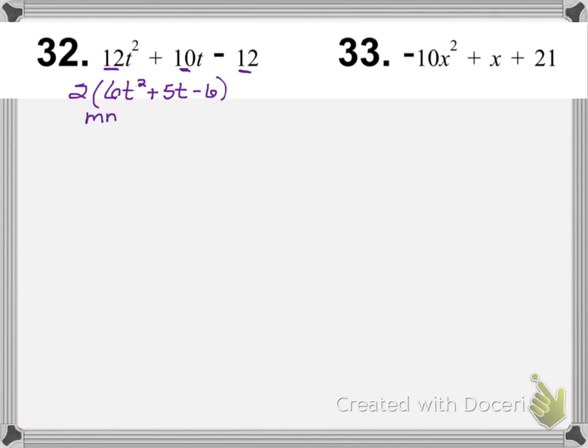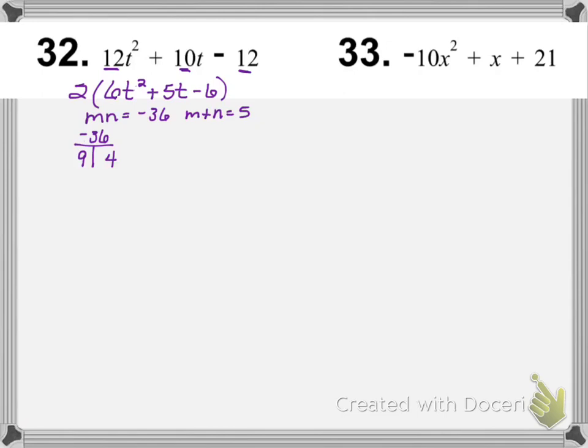Let's see if this works. Magic numbers multiplied equals negative 36. Added equals 5. Negative 36, since that number is negative, I've got to subtract my magic numbers. The first thing that comes to mind is 9 and 4.